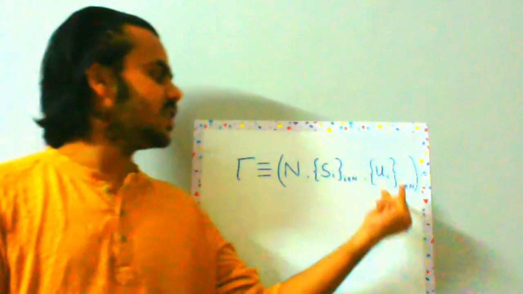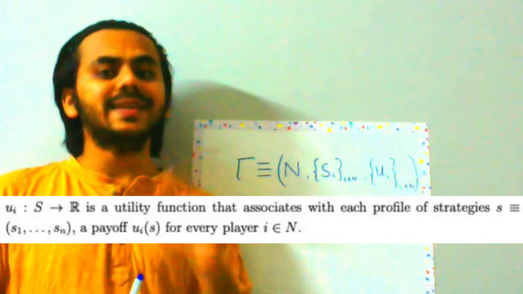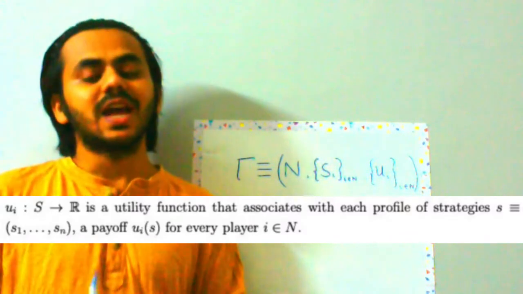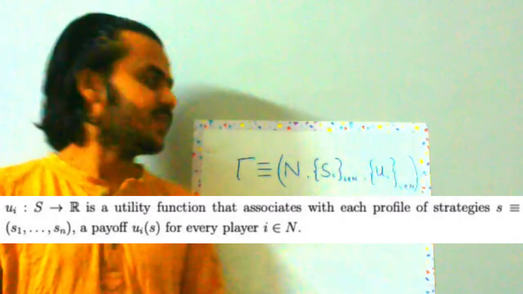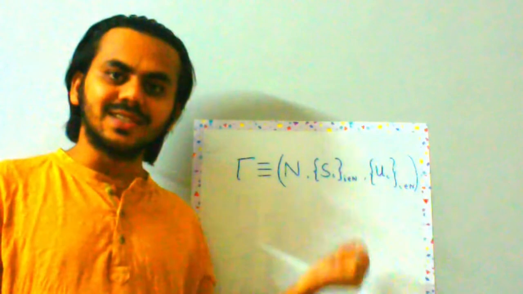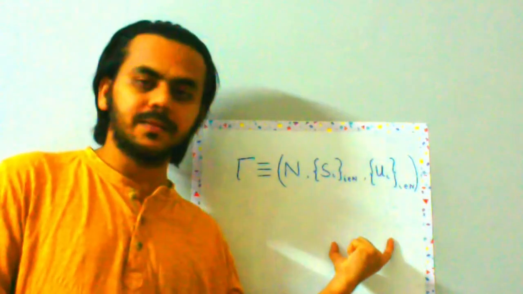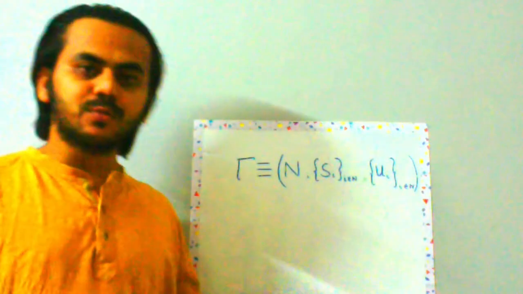So essentially, utility is defined for each player for each combination of strategies of all players, and those strategy combinations are known as strategy profiles. If you take the strategies of all players and make a set out of it for every situation, you will have strategy profiles.